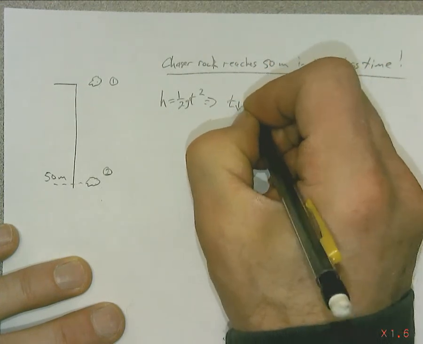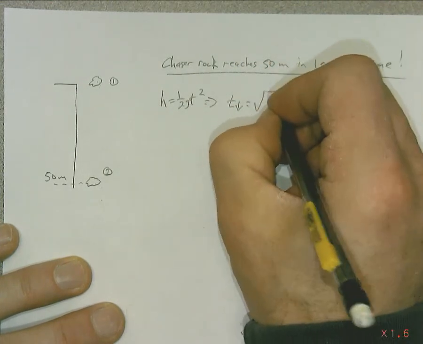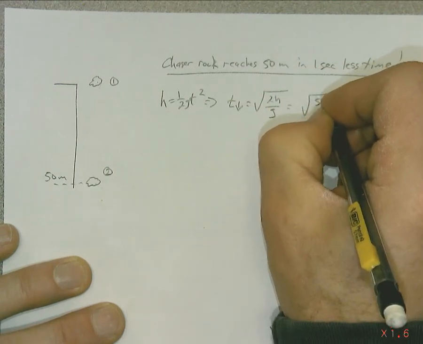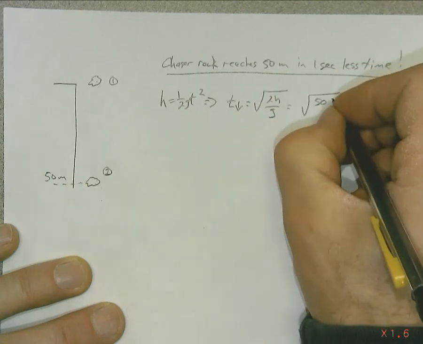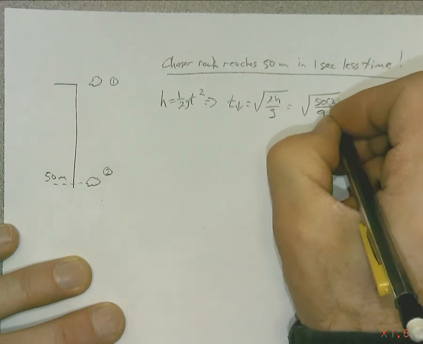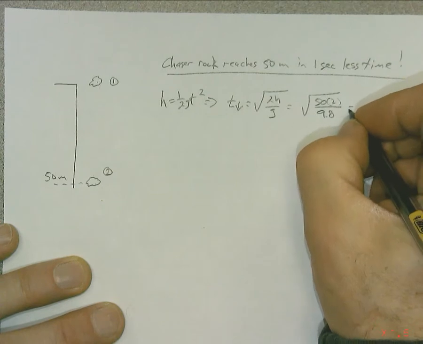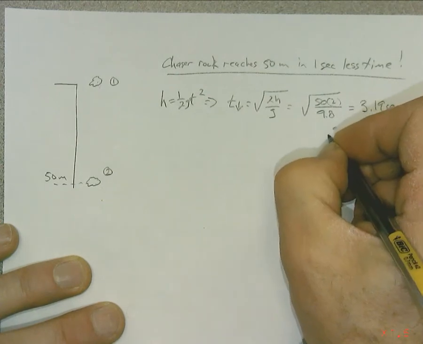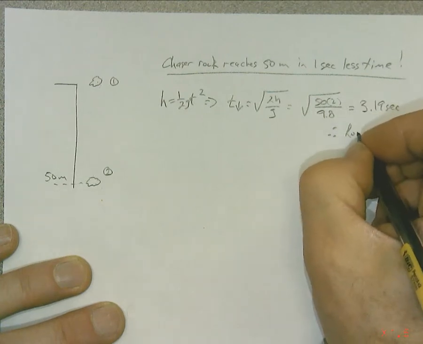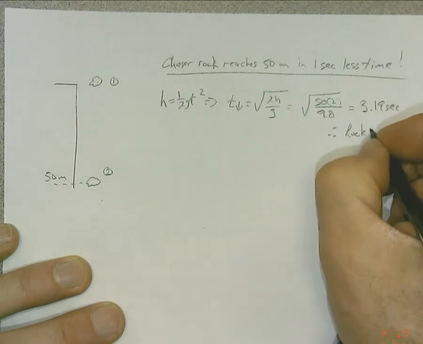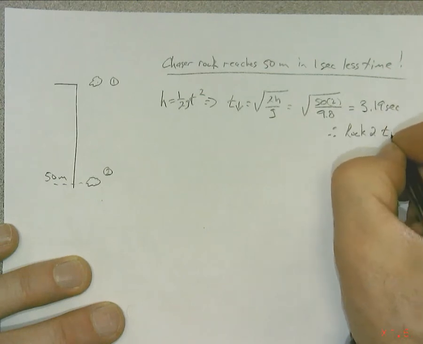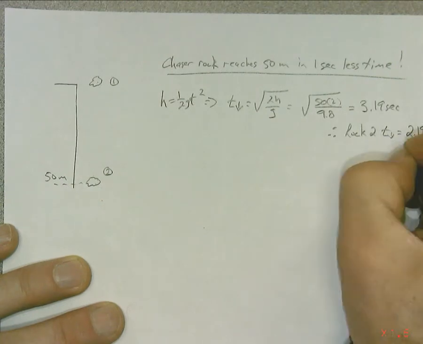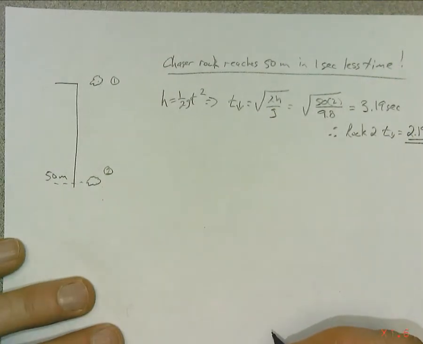The time down is the square root of 2h over g, which is the square root of 50 times 2, 100, divided by 9.8. And that should give us 3.19 seconds. Therefore, rock number 2 T down is equal to 2.19 seconds. That's how much time it has to reach that position.